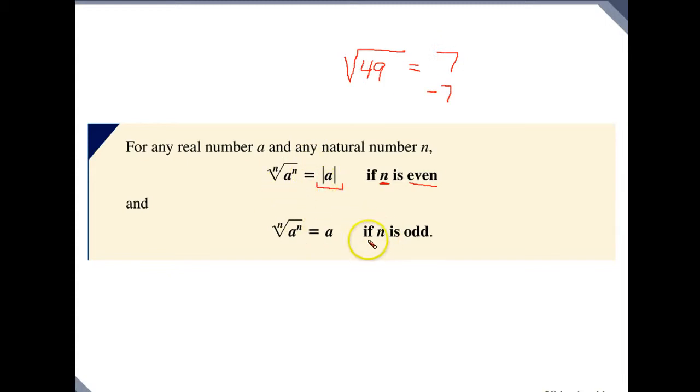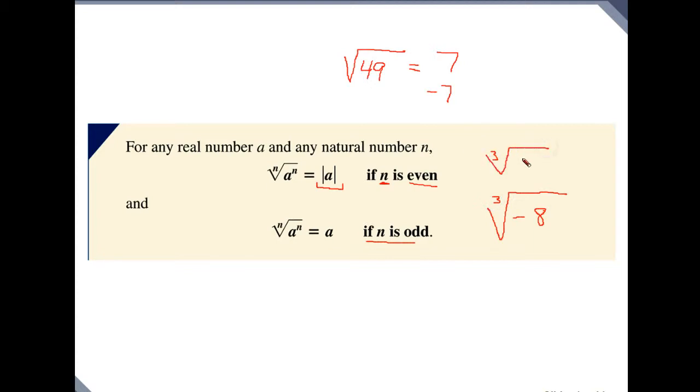If n is odd, then that's fine, because having an odd index number there, this value can be negative without a problem. And again, they're not showing you a lot of examples. I like examples, that way you get to see. So we could have a negative 8 here if this is the third root.